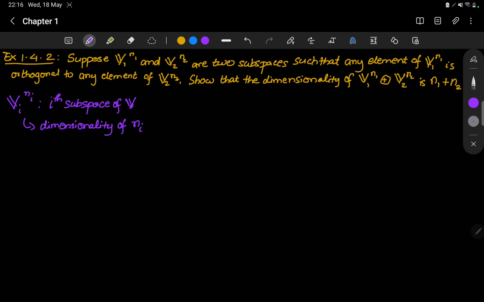So Vi Ni is the ith subspace having the dimensionality Ni.